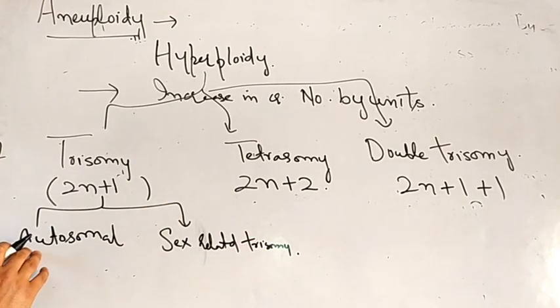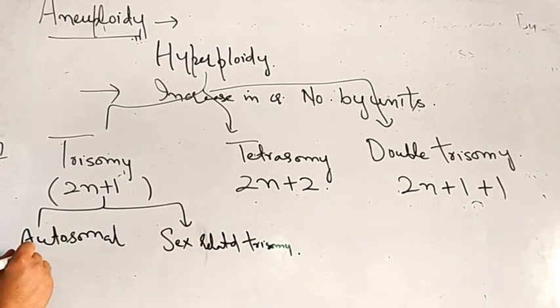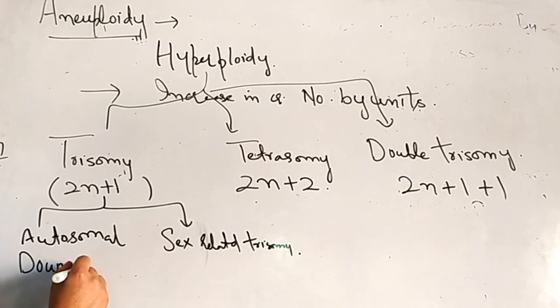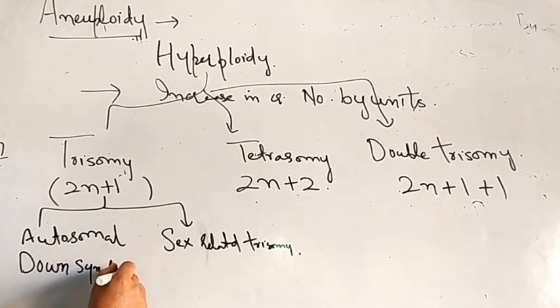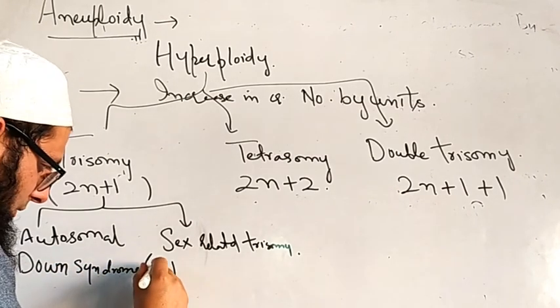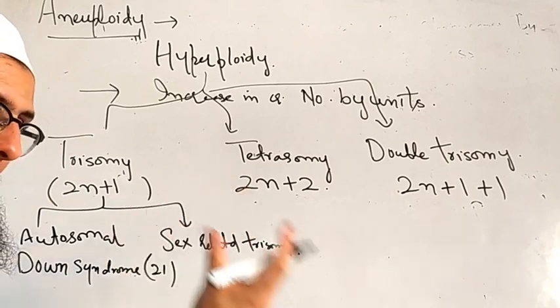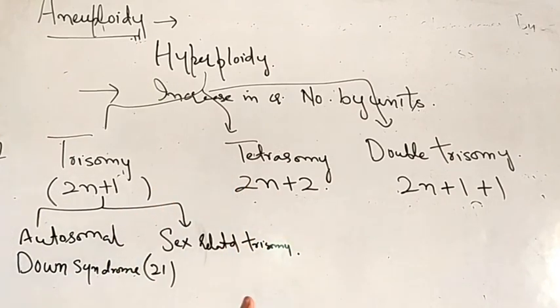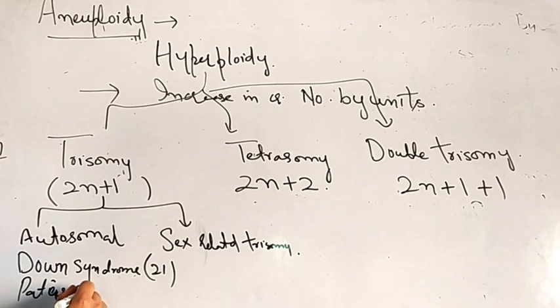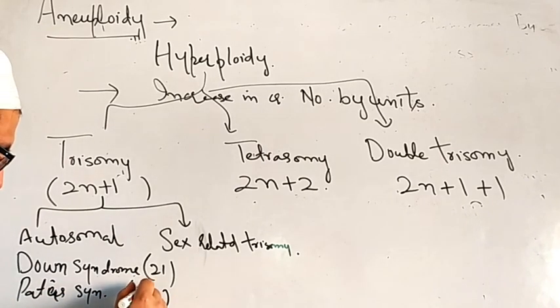Here we can give the examples as autosomal. We got examples: Down syndrome, due to the trisomy of chromosome number 21, which has got 3 copies instead of 2. We have got the Patau's syndrome, the trisomy of chromosome number 13 is here.